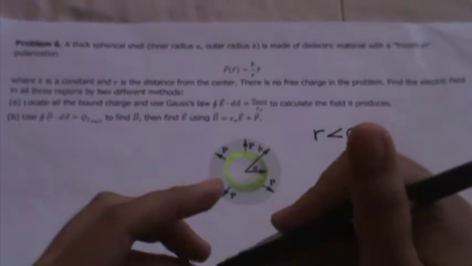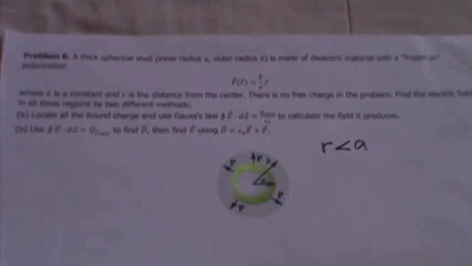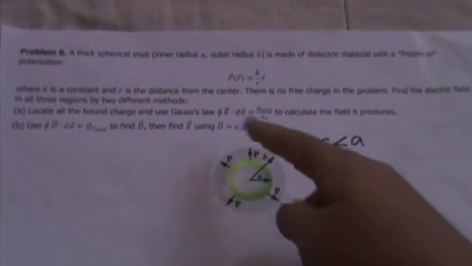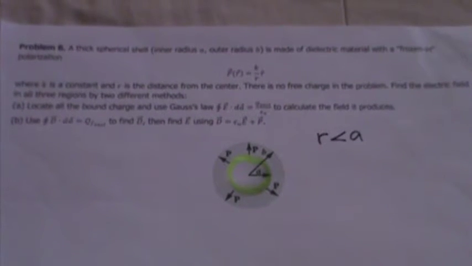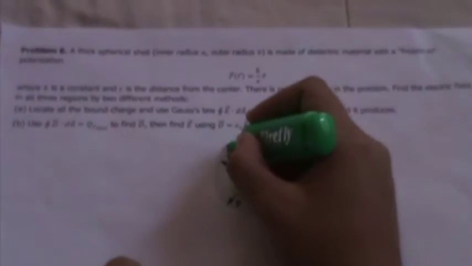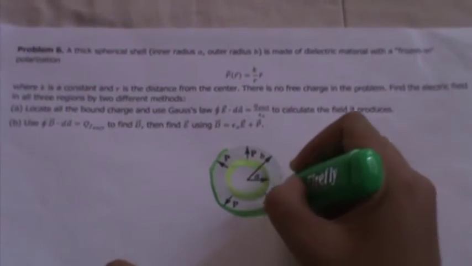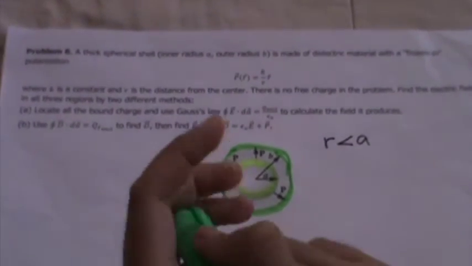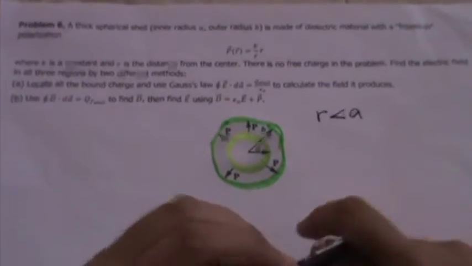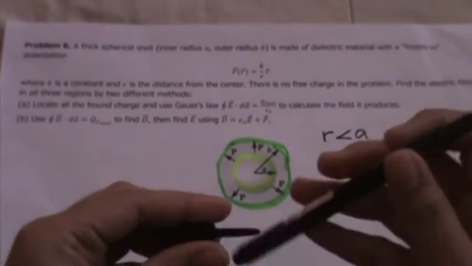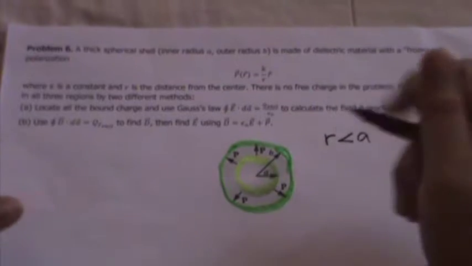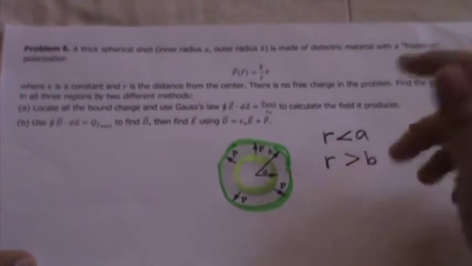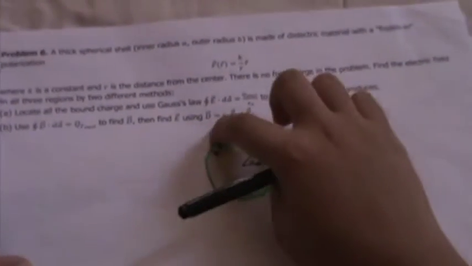And the next region is the region outside the thick spherical shell. So we're going to find the electric field at this point where r is greater than b, outside the surface of the spherical shell.